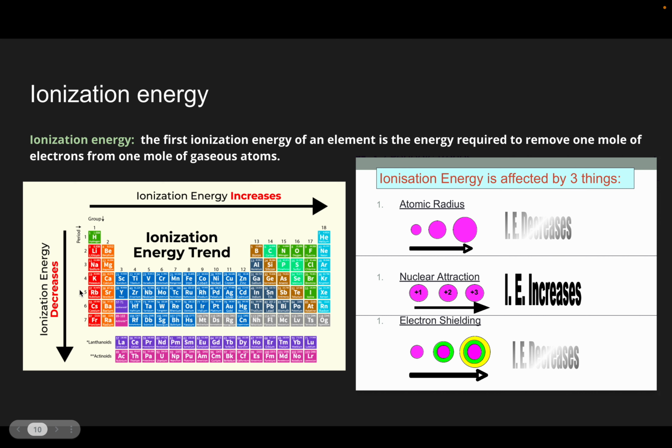And the reason is that nuclear charge can't really pull the valence electrons, especially when the shielding, the number of energy levels, increases. Yes, and this is why it's easier, we can say, to pull the electron of, for example, potassium than the electron of lithium. So it requires less energy.